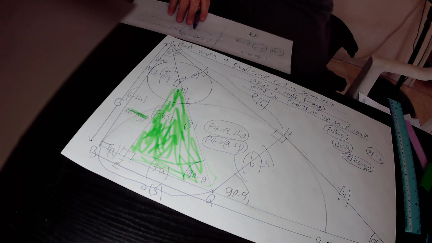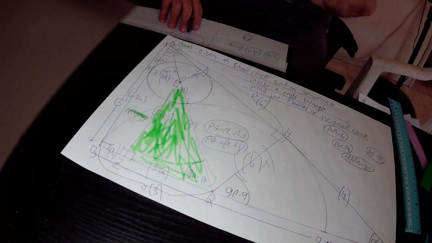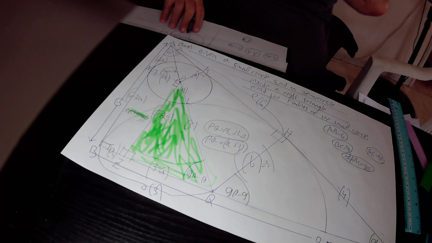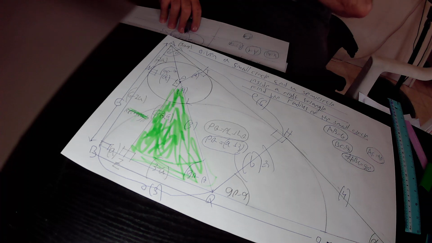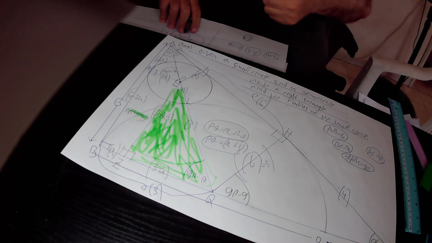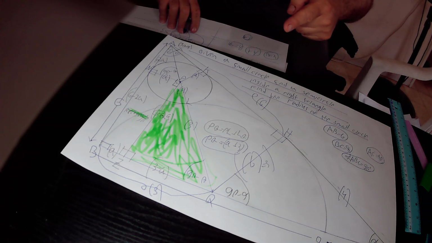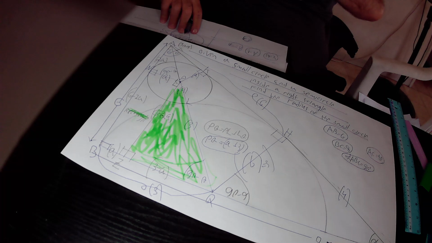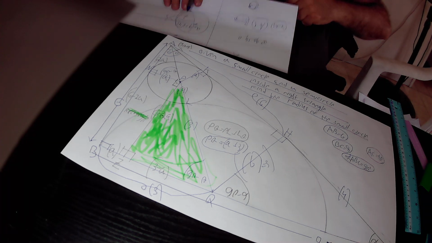Because the radius of the big semicircle equals 3 units, and the big semicircle is definitely bigger than the small semicircle. Therefore, the radius of the small circle must be smaller than 3, the radius of the big semicircle.